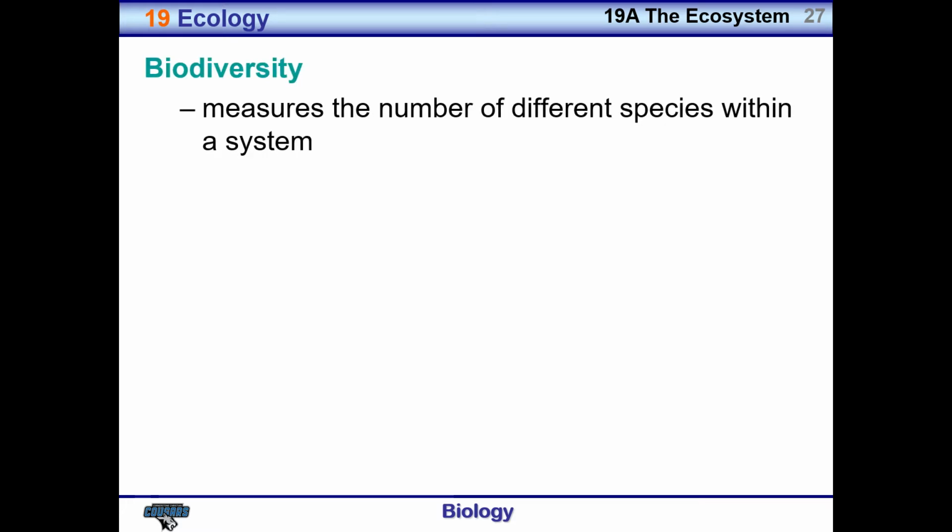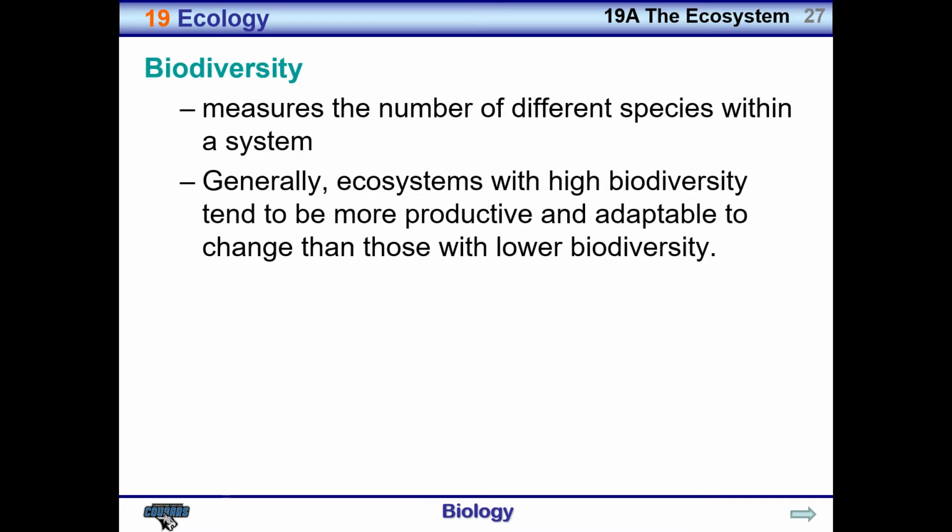Now, biodiversity is another term. It's a measure of the number of different species within a system. And generally, ecosystems with a high biodiversity tend to be more productive and adaptable to change than those with lower diversity. So if there's a lot of different plant species and different animal species living in the same place, then that would have high biodiversity.